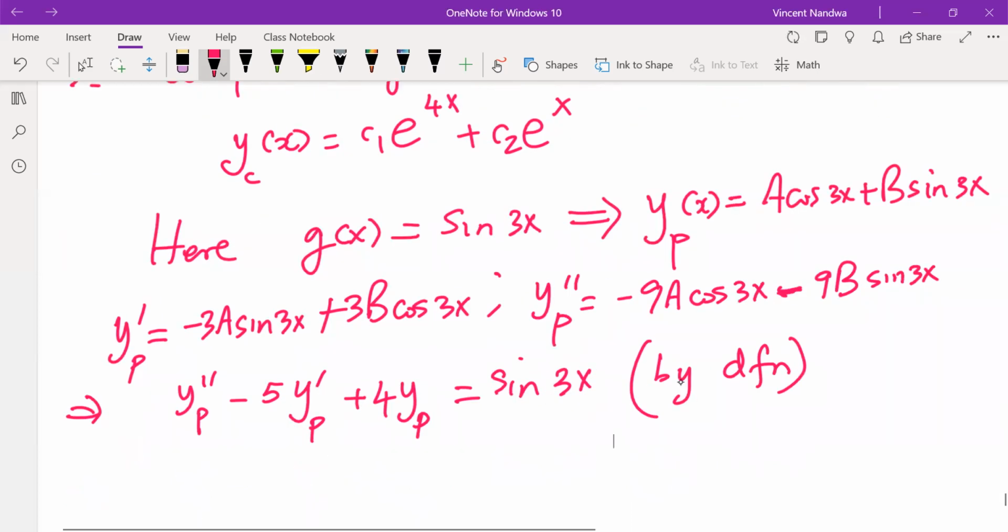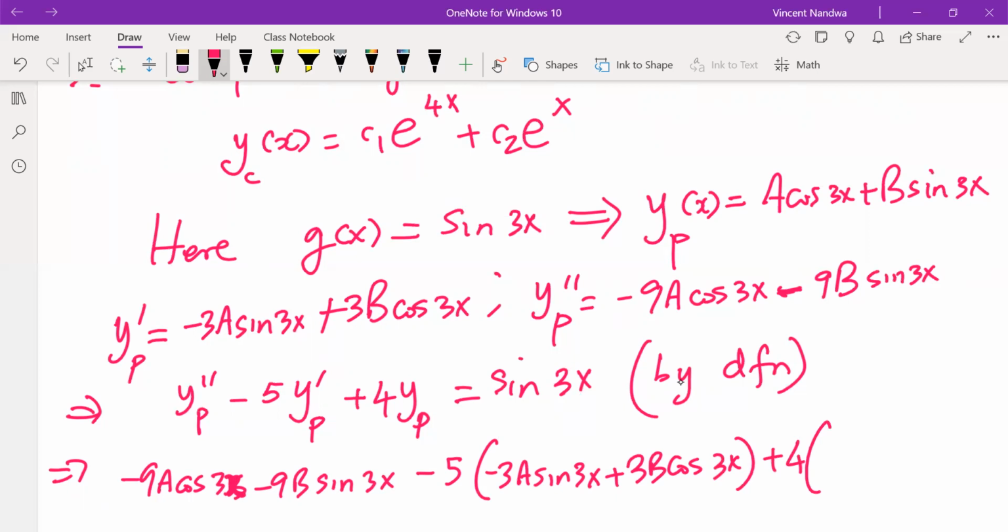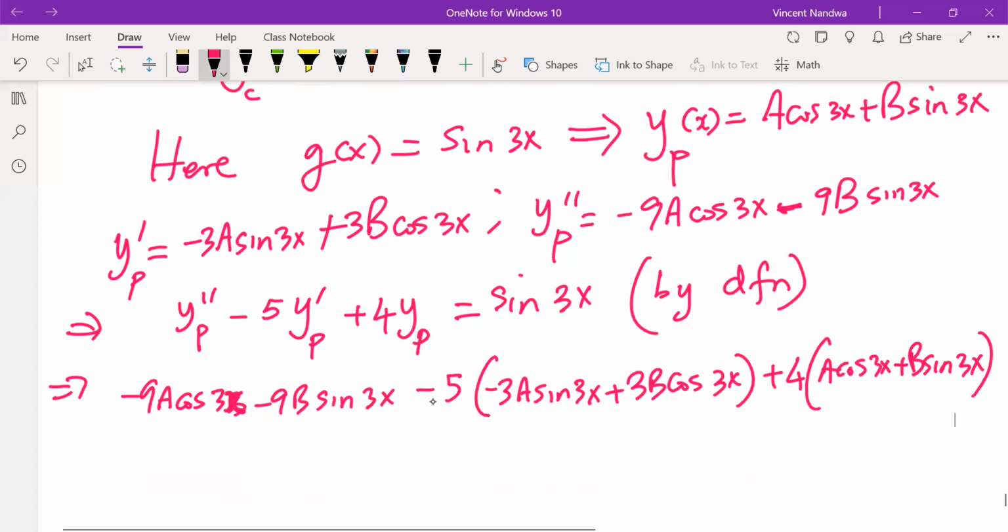Thus, replacing these values, we will have negative 9a cos 3x minus 9b sine 3x, and then minus 5 into minus 3a sine 3x plus 3b cos 3x, plus 4 into yp, which is a cos 3x plus b sine 3x, should give me sine of 3x, which is on the right hand side.